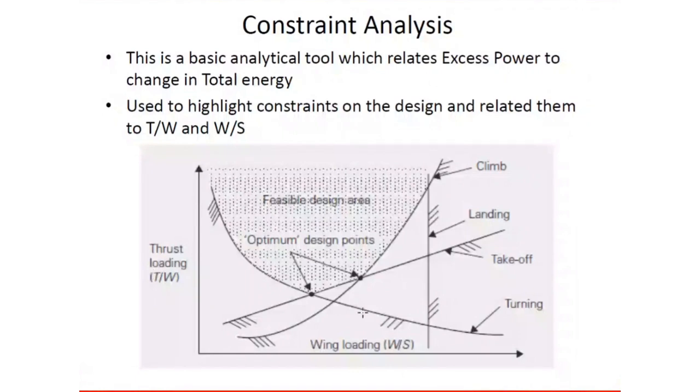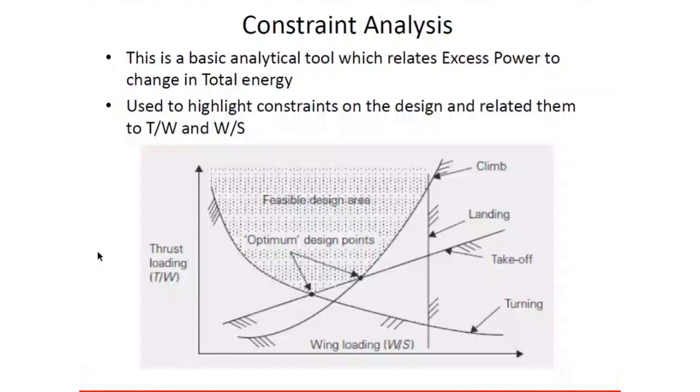This is the line coming from the stall requirement. Any wing loading larger than this value, you cannot meet the landing requirement or the stall requirement. So the entire right-hand side of this vertical line is not feasible for T/W and W/S. It is a vertical line because stall speed does not depend on the thrust loading.